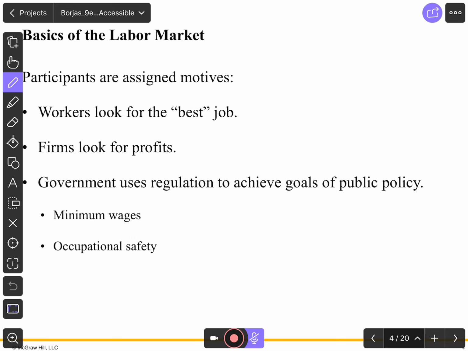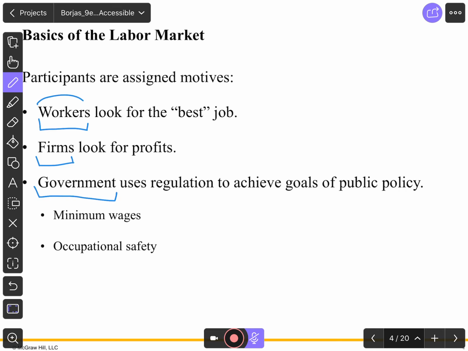So, whenever we talk about a market, we need to talk about participants, okay? So, we have workers, we have firms, and we have an entity in between, which is the government. So, the workers are the suppliers of the service, okay?